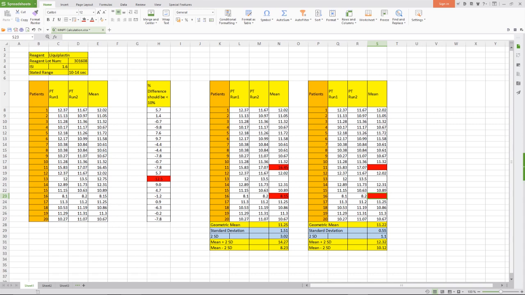It comes out to be 11.22 and this is the mean normal prothrombin time for this lot of thromboplastin. As is evident, the MNPT has changed from 11.25 in the previous calculation to 11.22 now. Since the standard deviation has also changed, the ranges also change accordingly. This final range, 12.32 to 10.12, will serve as the biological reference range for this lot of thromboplastin.